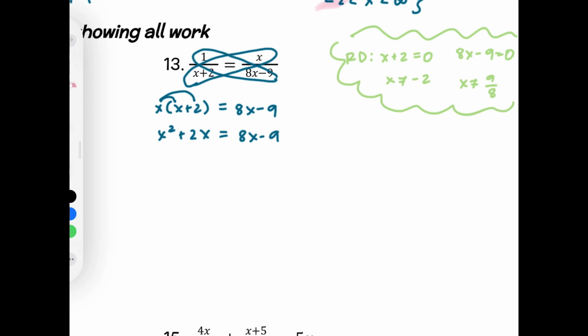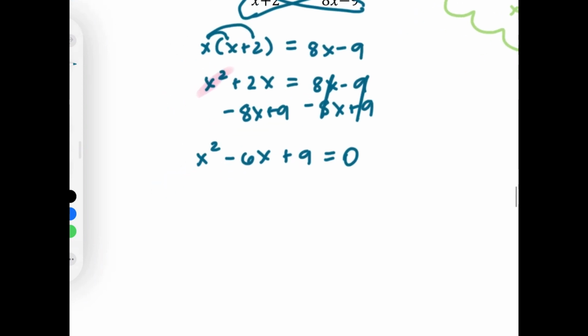This x squared hints that you have to factor. So we're going to get everything to one side so that we can factor, and I'm just doing that all in one step. Combining like terms, we have x squared, 2x minus 8x is negative 6x, and then plus 9 equals 0.